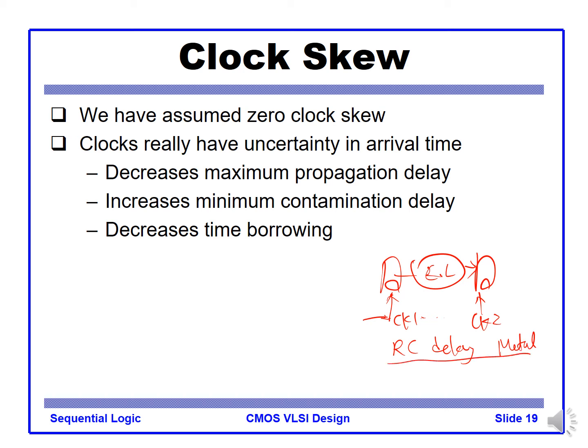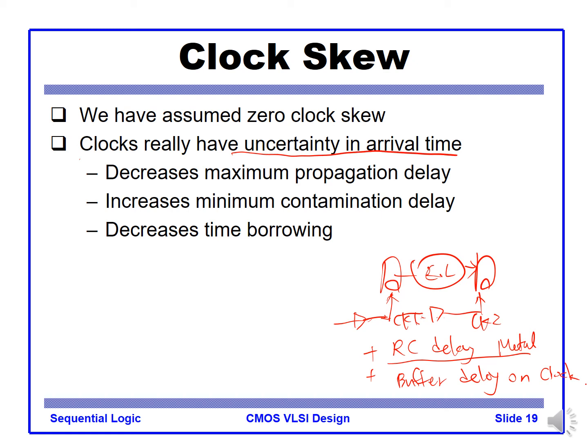So there's some skew there. Or if you have a lot of flip-flops there, we have to add some buffers there. So buffer delay may lead to clock skew on the clock. So clocks really have uncertainty in arrival time.